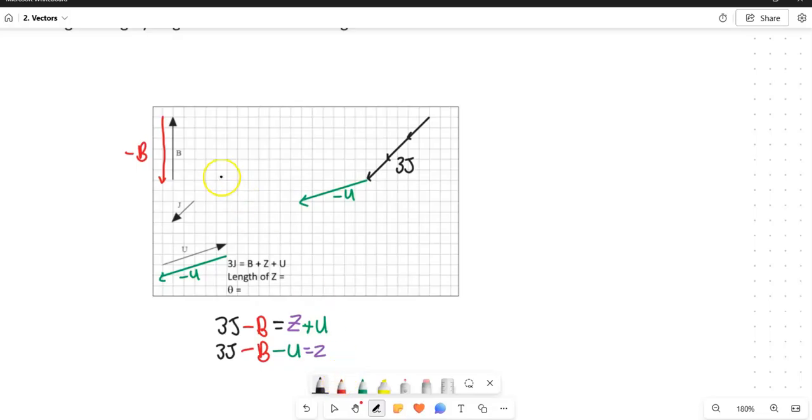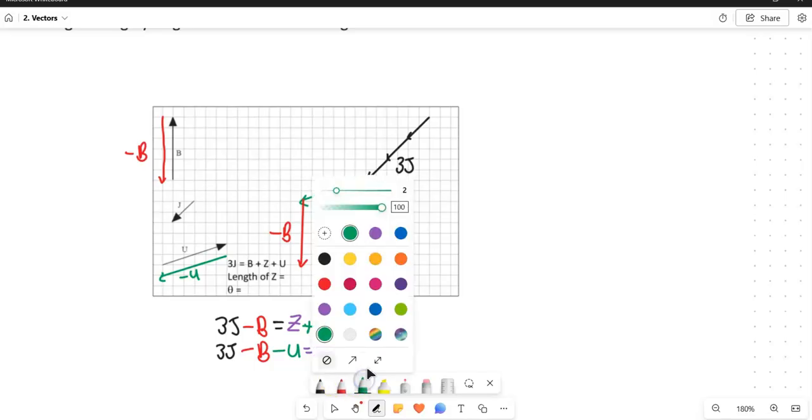Now we got to do the b vector, which is 1, 2, 3, 4, 5, 6. So that's negative b.